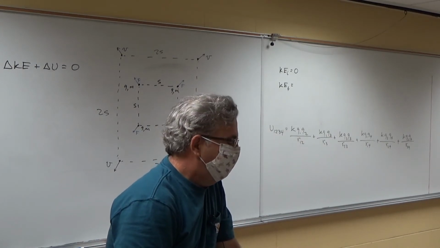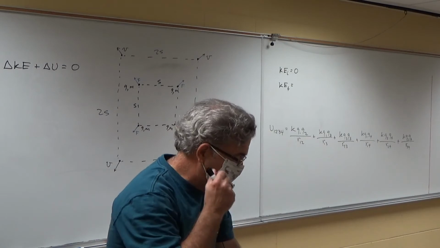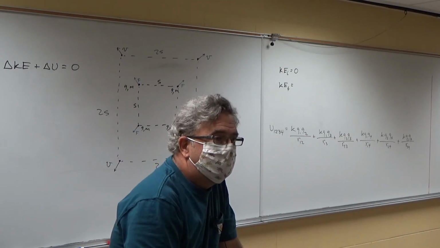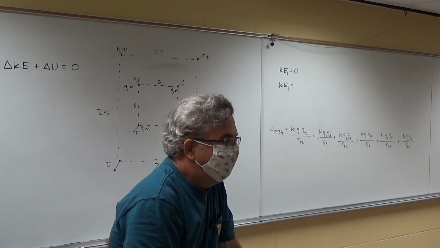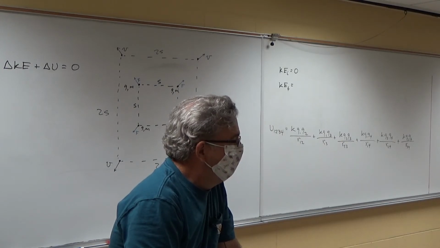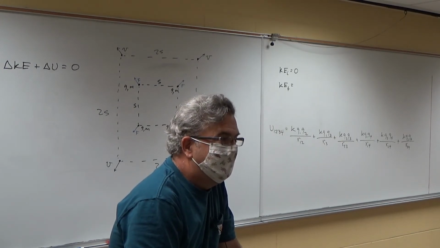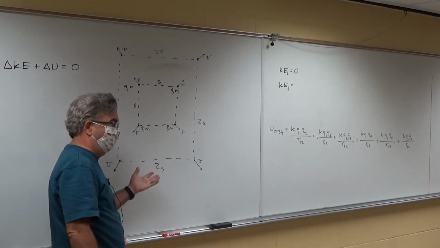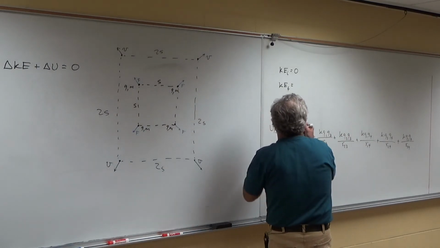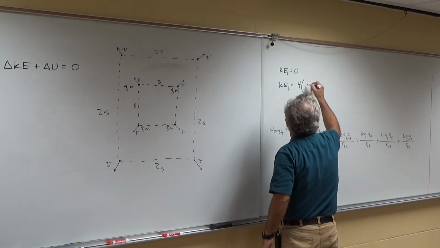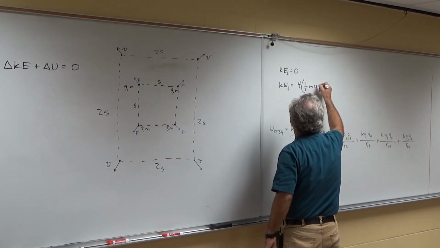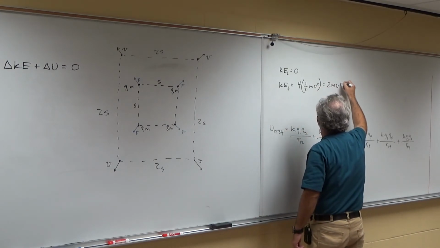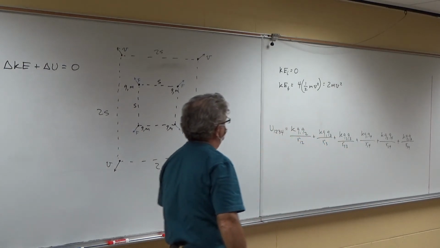What was the equation for kinetic energy from physics 1? 1/2 mv squared, right? So each particle has kinetic energy 1/2 mv squared. There are 4 of them. So the final kinetic energy is 4 times 1/2 mv squared, which is equal to 2 mv squared. Okay?